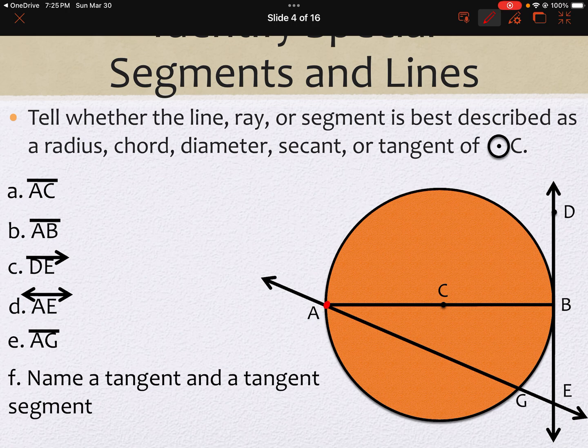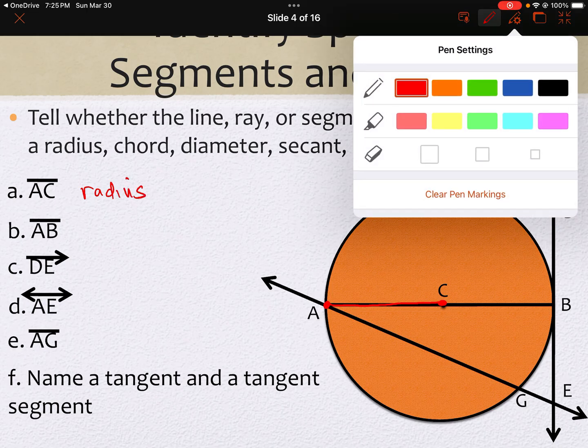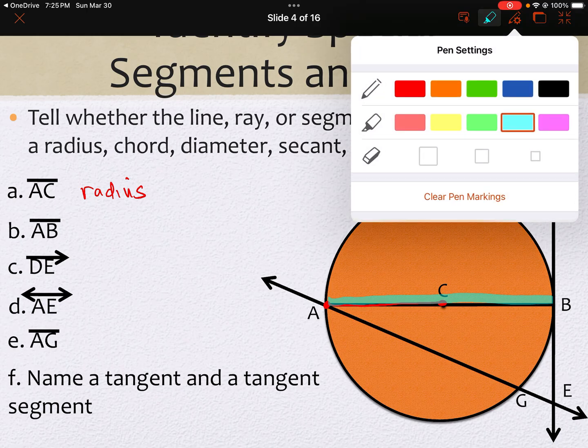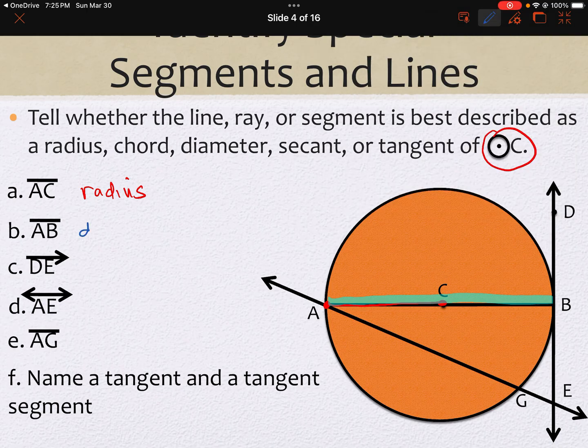We're going to start at point A, end at point C. Notice how point C is the center. I know that because the name of the circle is circle C. This is what a radius is. Segment AB starts at A and goes towards B. Notice how A and B are both on the circle. That's a diameter.